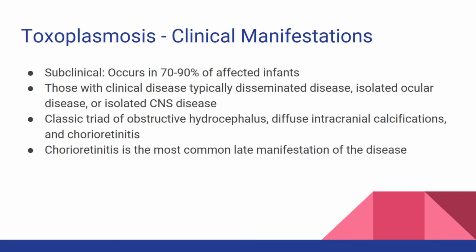Chorioretinitis is the most common late manifestation. The lifetime incidence of chorioretinitis for untreated infants is actually 90%. They can also have other eye findings, including microphthalmia, strabismus, and cataracts, as well as seizures, cerebellar dysfunction, mental retardation, and sensorineural hearing loss.